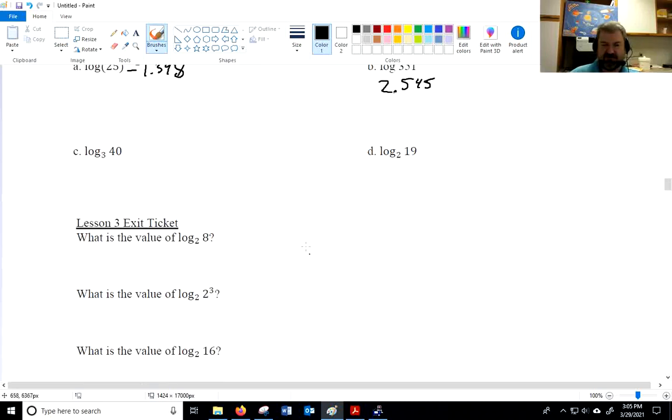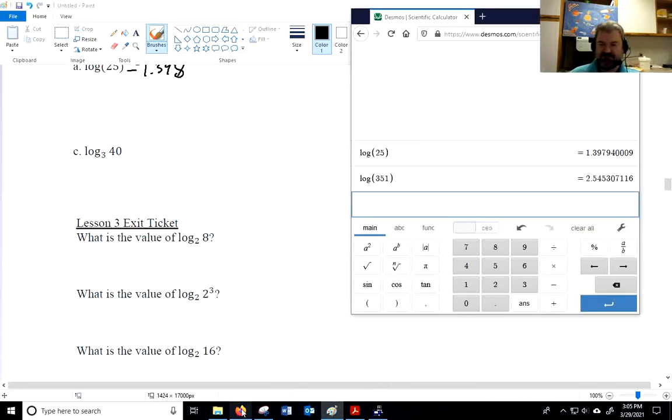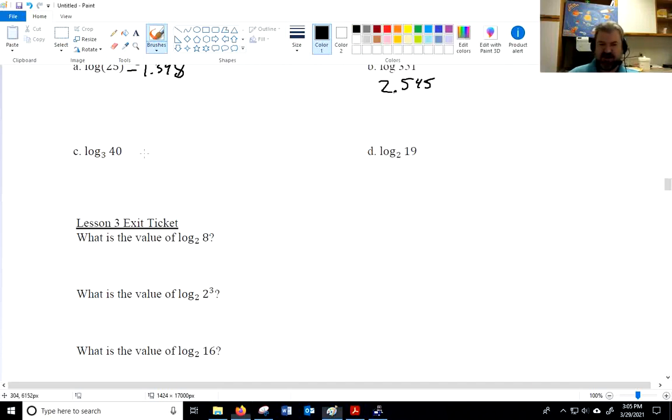Log base 3 of 40. Well, as you can see, like most scientific calculators, this one has log, but it doesn't have log base 3. So we have to use the change of base formula. We simply remember that the log base 10 of 40 over the log base 10 of 3 is equal to the log base 3 of 40.